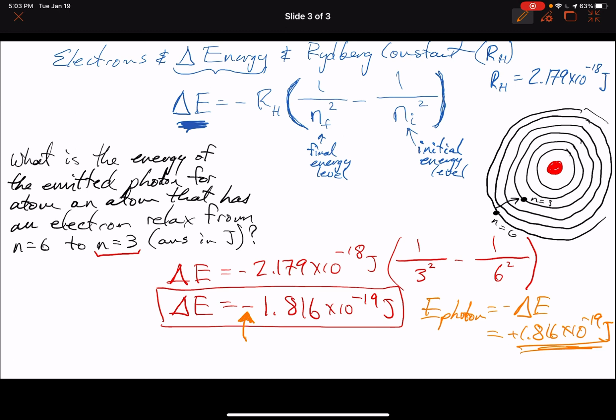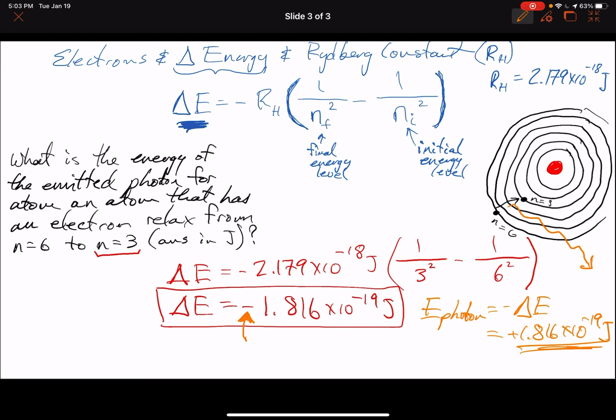Okay, so now we better understand the negative symbol. It's showing that when a photon is emitted, we expect a negative sign for the delta E in the Rydberg relation, and that the energy of the photon is simply the opposite sign of that energy value.